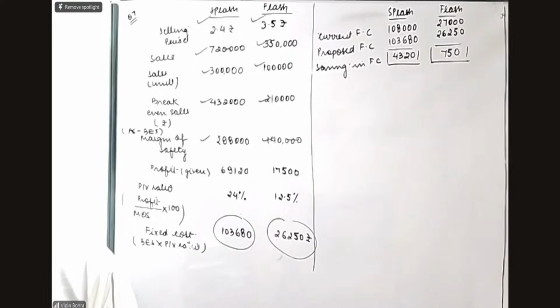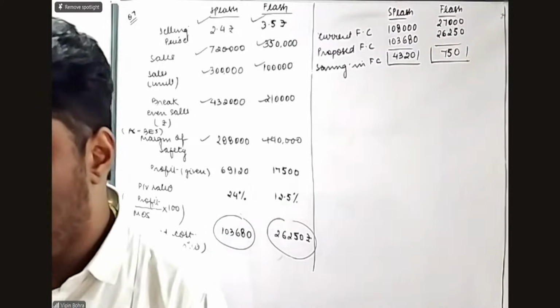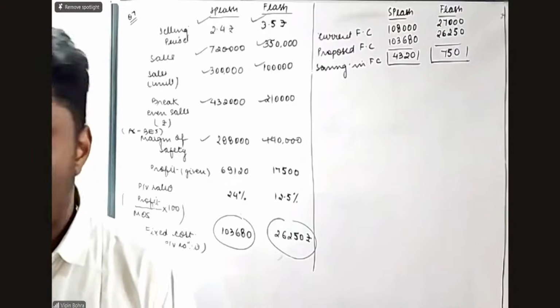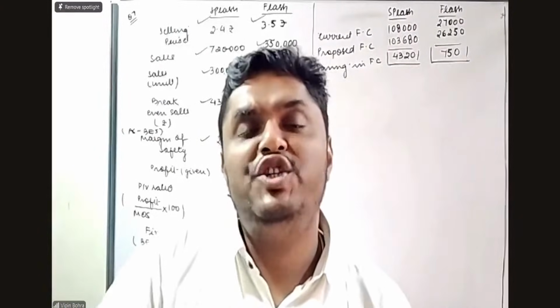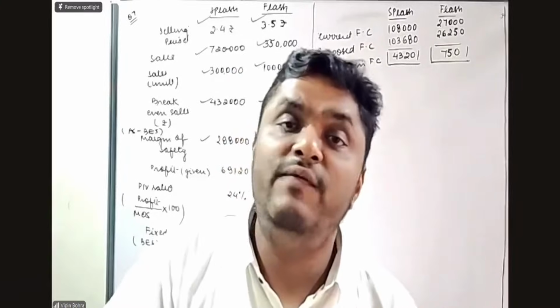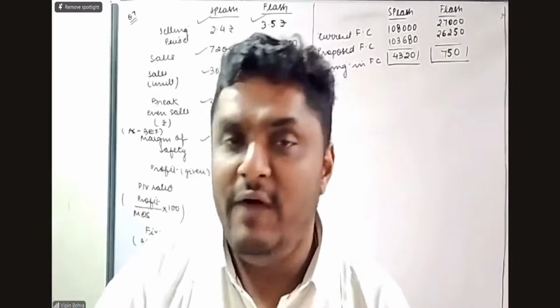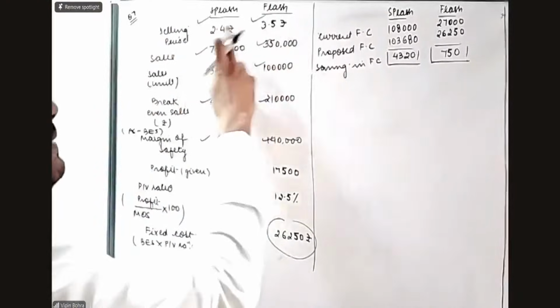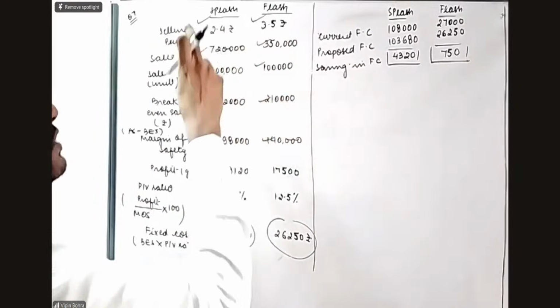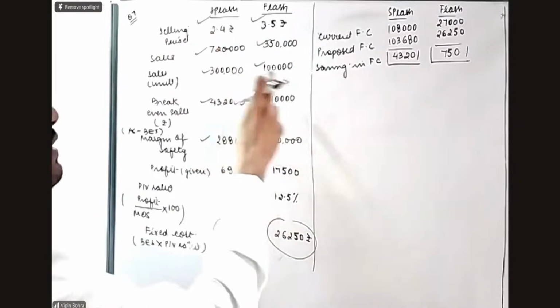See, the key is to focus on the concepts and read the question carefully. Half of the work is done if you read the question carefully. Thereafter, the best way is to write down the extract. I have written the new selling price and the sales, so with these two, I can calculate the units also.